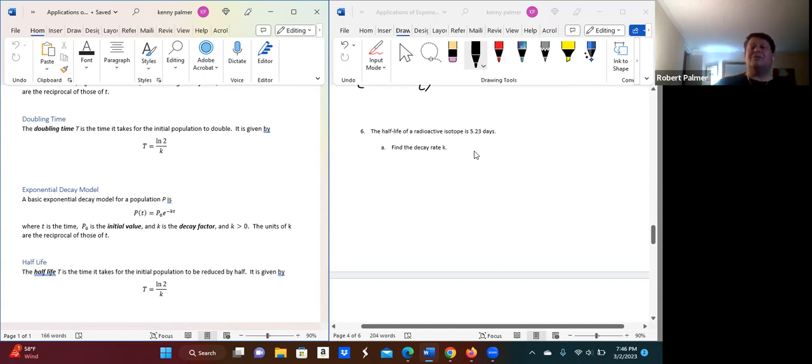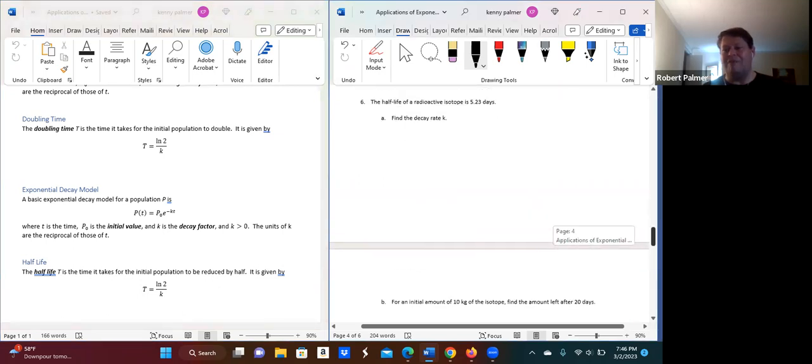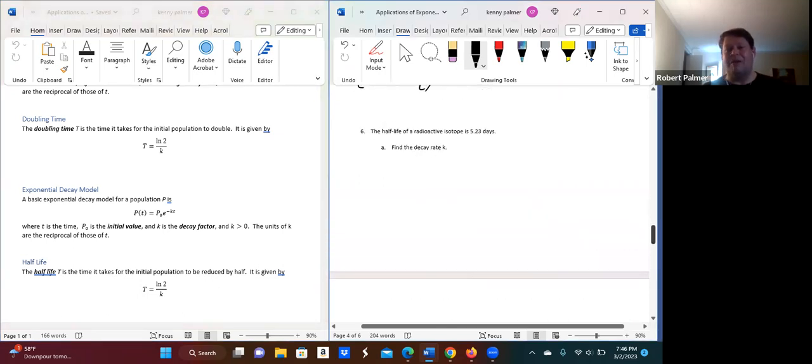Something with a really small half-life like that is typically really dangerous in large amounts because it's giving off a lot of radiation. Generally, the longer the half-life for the same amount, the less radiation you get. It's not quite true in every case, but that gives you an idea. All right. Now, let's find the decay rate.